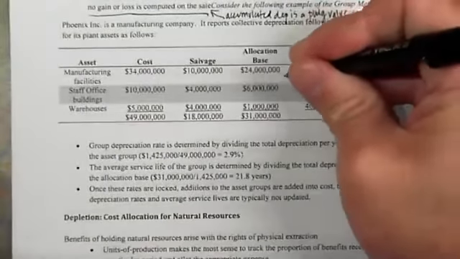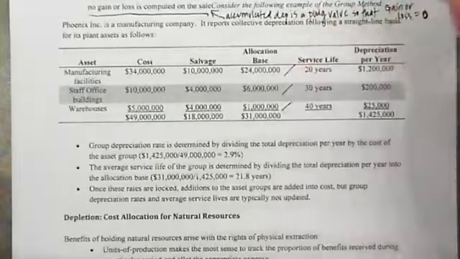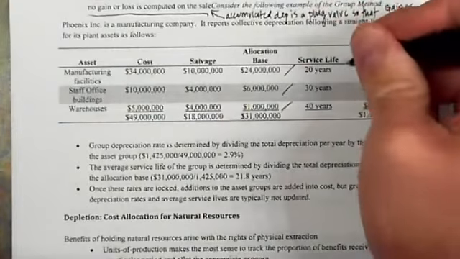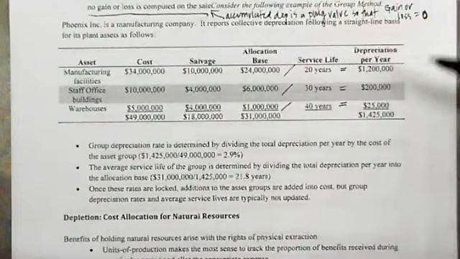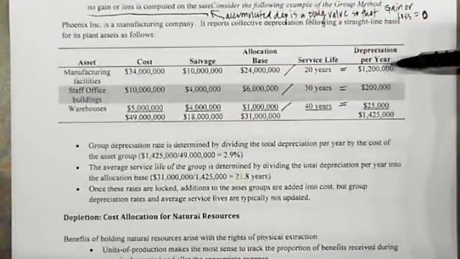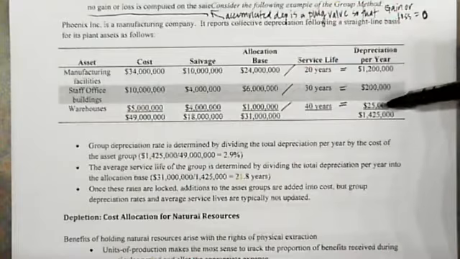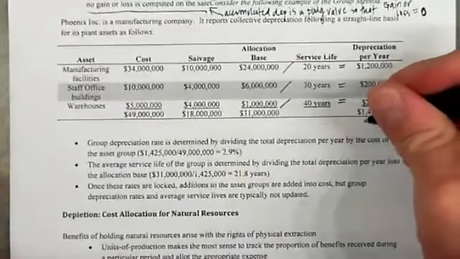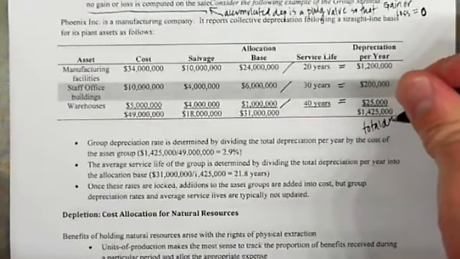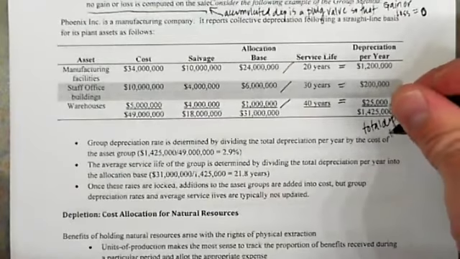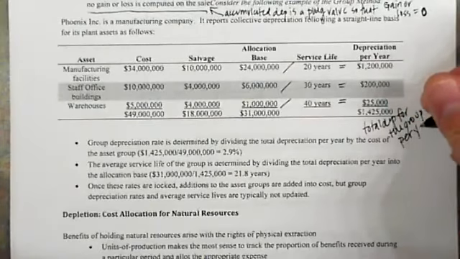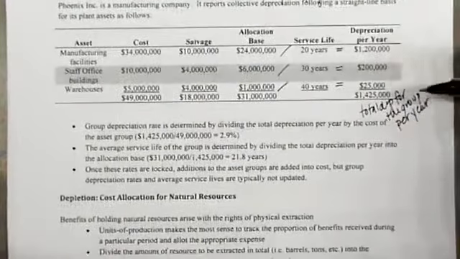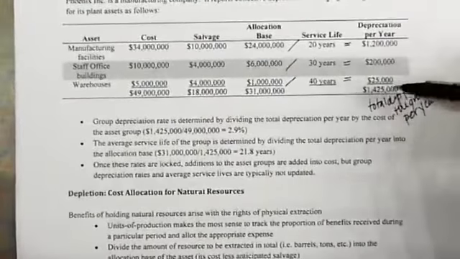I divide that into each allocation base to determine the depreciation per year. Right. So here we have total depreciation per year for each type. We add those up. This gives me total depreciation for the group per year. This is the amount that I would recognize per year.